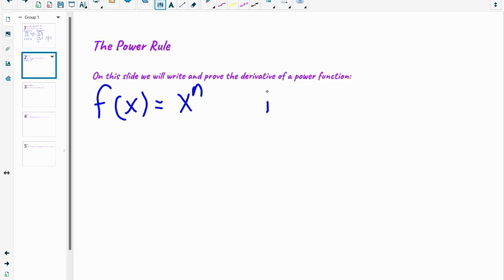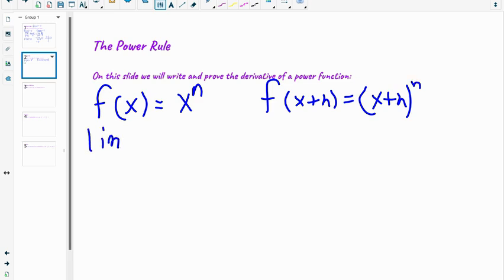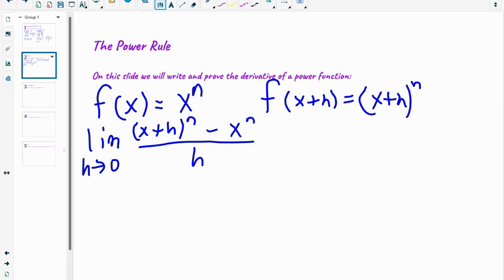All right, so then we got to look at the limit definition. This would be x plus h. And then we're looking at x plus h to the power of n. So limit definition, okay, as h. I'm going to make that mistake the rest of the school year, aren't I? So h approaches 0 of x plus h to the power of n minus x to the power of n divided by h.